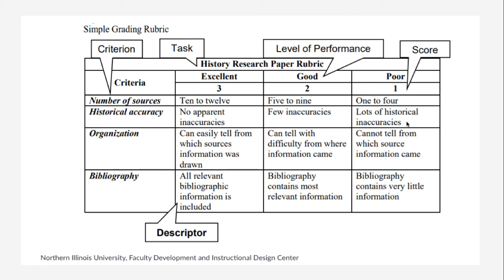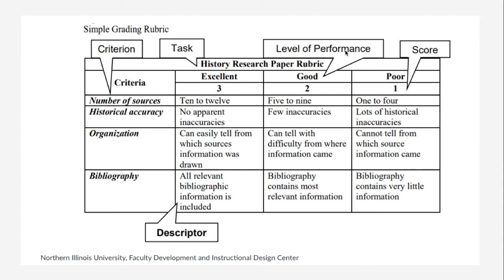They wouldn't have done well. If you, the reader, cannot tell from which source information came, then that's considered poor organization. And if the bibliography contains very little information, that would be poor. Let's move up the scale.